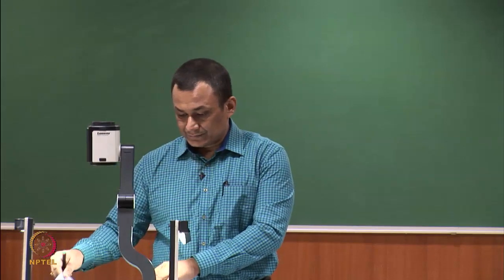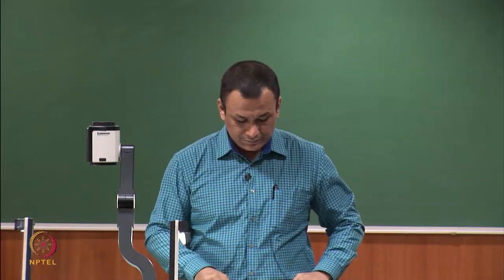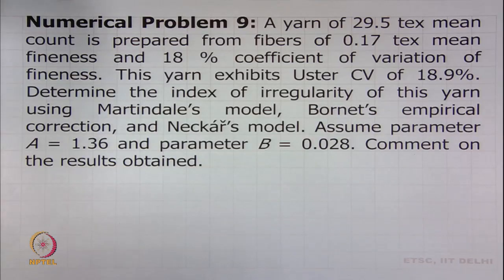Now, we proceed to problem number 9. Problem number 9. A yarn of 29.5 tex mean count is prepared from fibers of 0.17 tex mean fineness and 18% coefficient of variation of fineness.